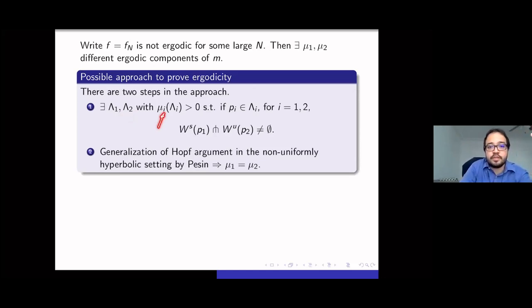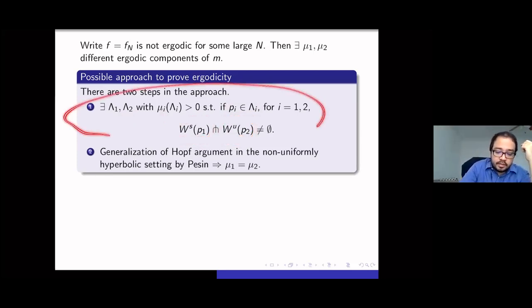So lambda 1 has positive measure for mu 1, lambda 2 has positive measure for mu 2, such that for any point in the first set, lambda 1, let's say, the Pesin stable manifolds intersect transversally the unstable manifolds of a point in lambda 2.